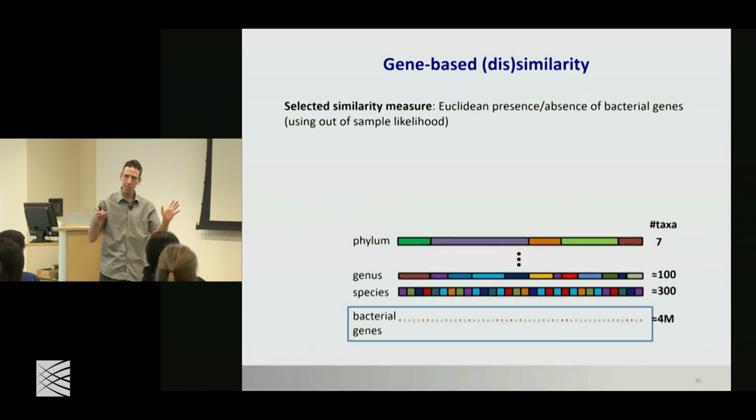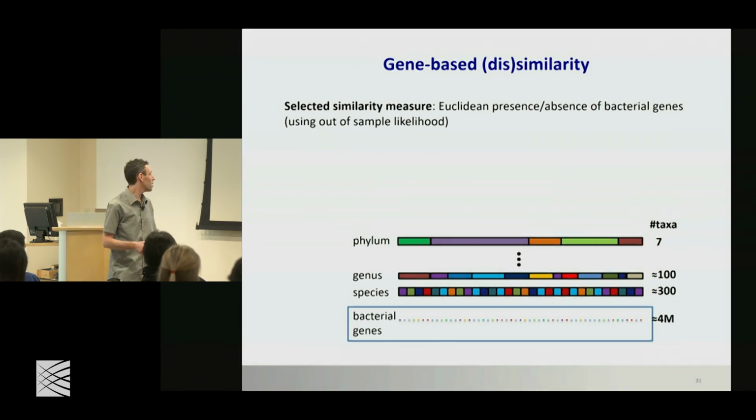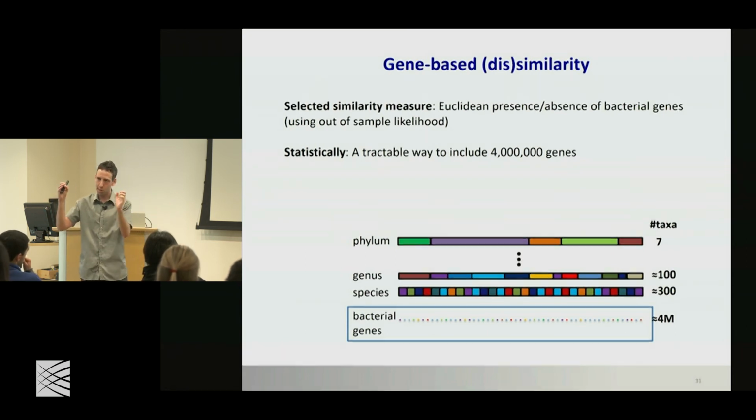And this is how we defined our covariance matrix. Statistically, this is cool because this is a very nice tractable way to include millions of different variables in our model, because all these millions of variables are just used to define the similarity matrix, and then it all fits into the linear mixed model framework.